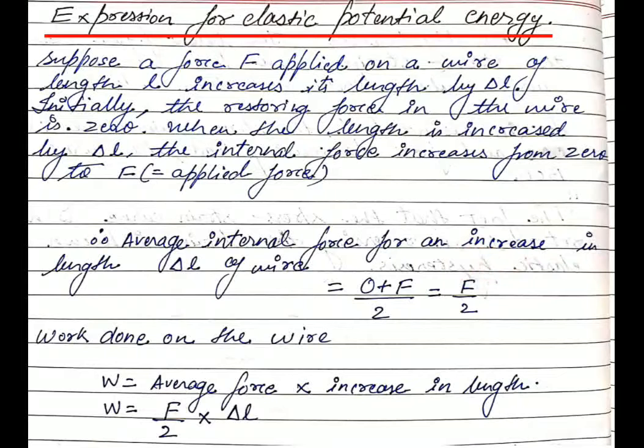Let us calculate the work done on the wire. You already know the formula: work done is equal to force into displacement. So W is equal to average force into increase in length, W equals F upon 2 into delta L, where delta L is the increase in length.